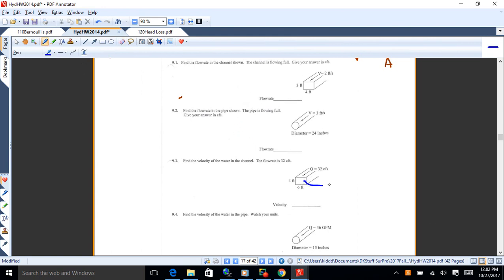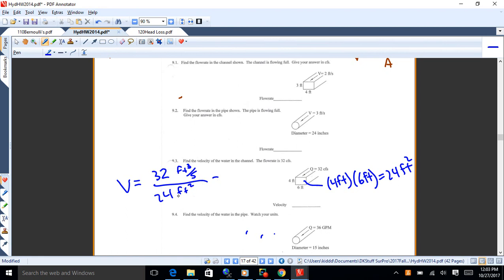So what you're after is the cross-sectional area. So that's 4 feet by 6. Okay. So if you want the velocity in this channel here, you take the flow rate, 32. Now CFS is cubic feet per second. And then you divide that by 24 square feet.